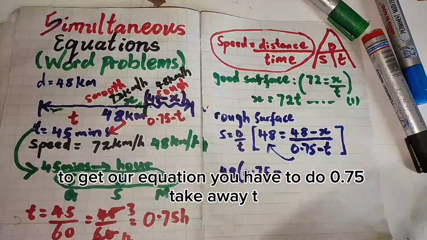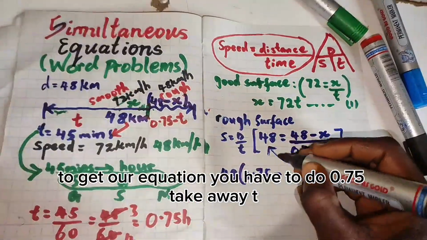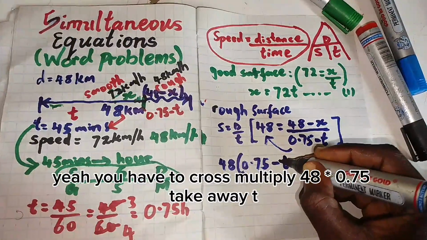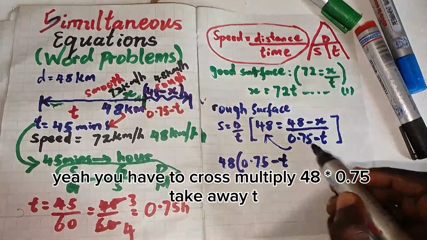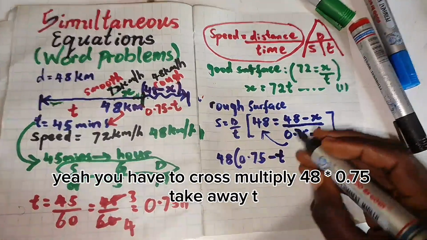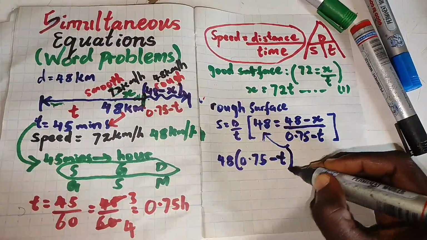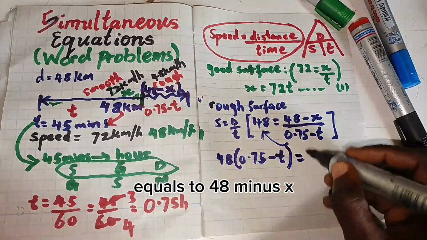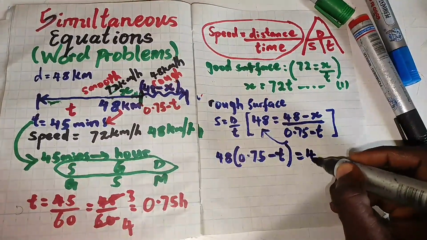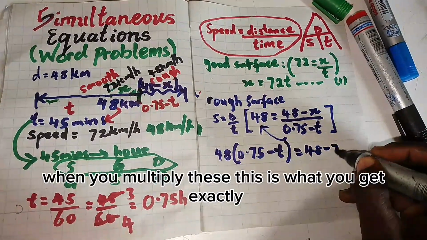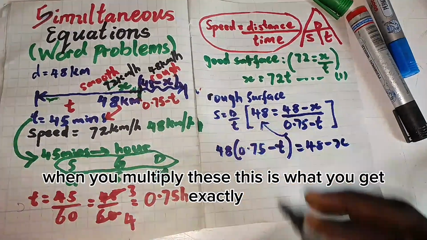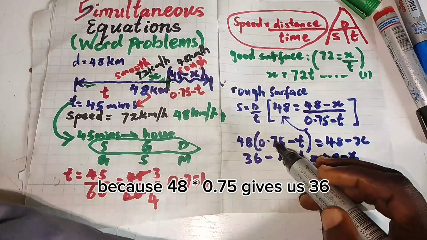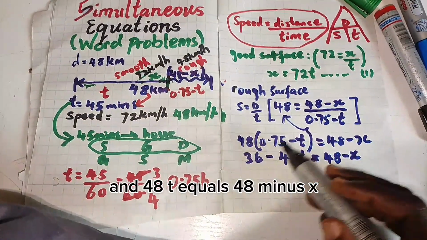To get our equation, you have to cross multiply: 48 times (0.75 minus t) equals 48 minus x. When you multiply, 48 times 0.75 gives us 36, and then minus 48t equals 48 minus x.